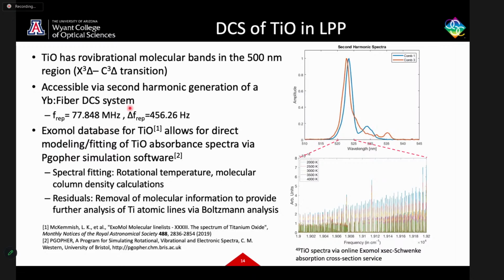And through the direct modeling and fitting of the ExoMol database line list through a simulation software called PGOPHER, we can do a spectral simulation of titanium oxide to compare with our experimental data, which can allow us to extract out the rotational temperature and the molecular column density directly from our fit, as well as producing a residual that can essentially remove our molecular information that's convolved with overlaying atomic lines so that we can conduct further Boltzmann plot analysis like I outlined in previous slides.